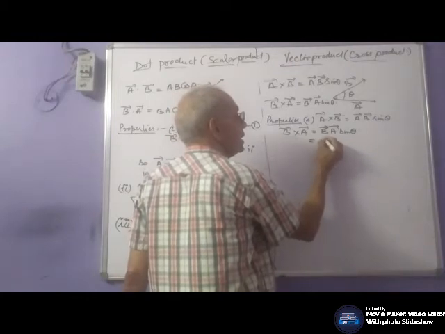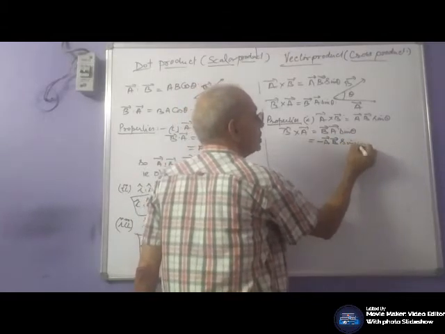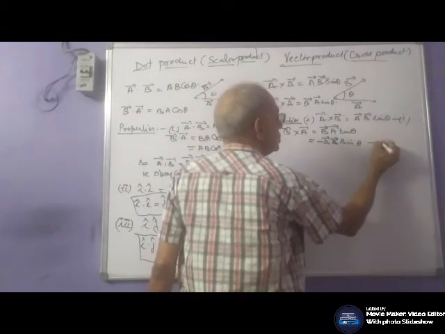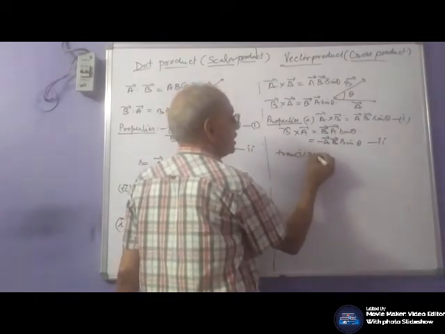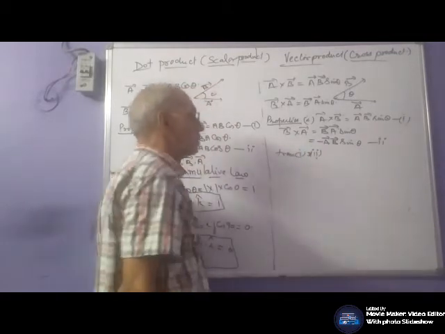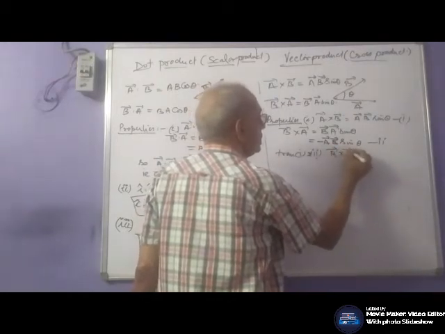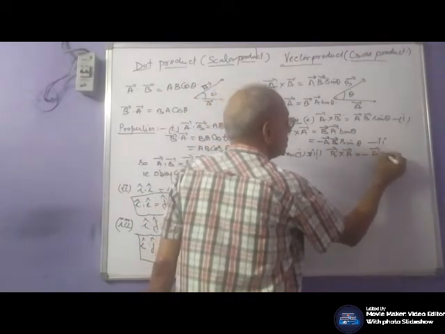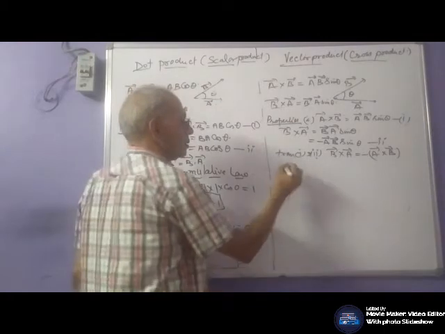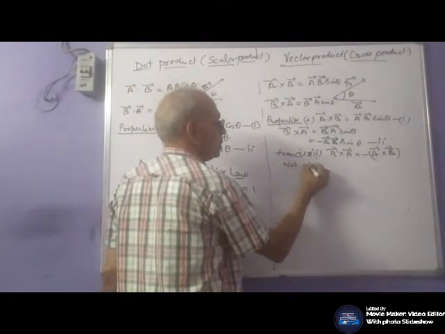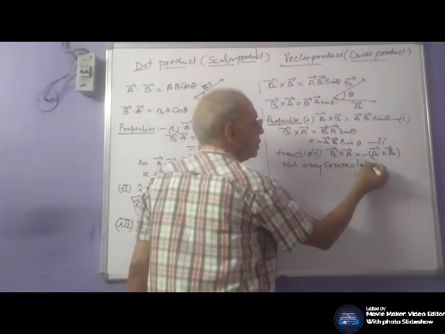The direction changes, since the order is reversed. It is sin theta, this is 1, this is 2. From first and second, B cross A is minus A cross B. They do not obey the commutative law.